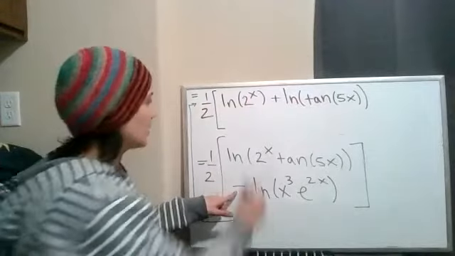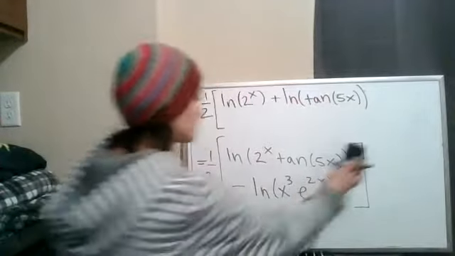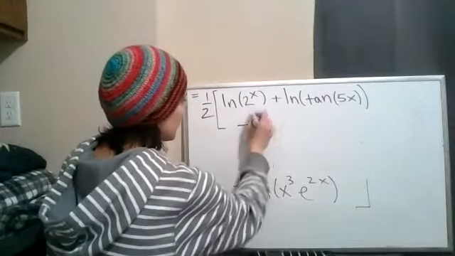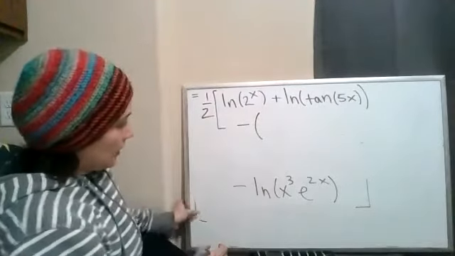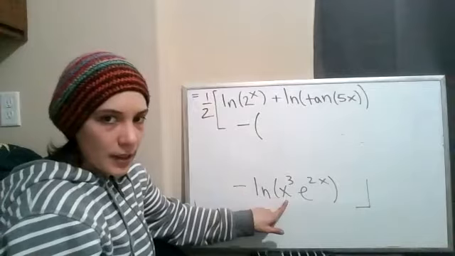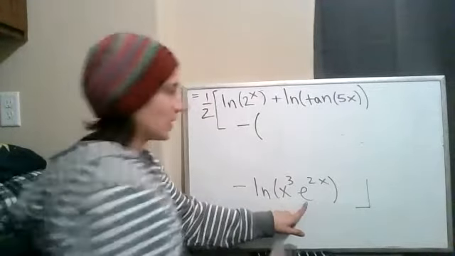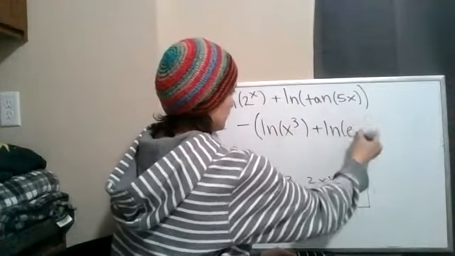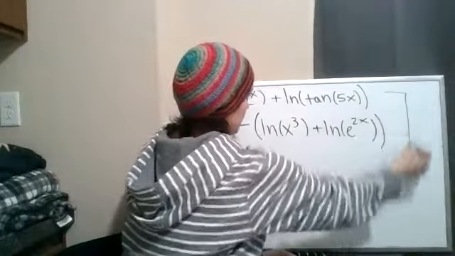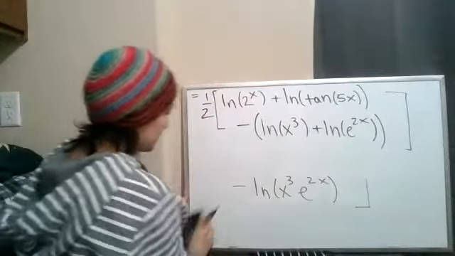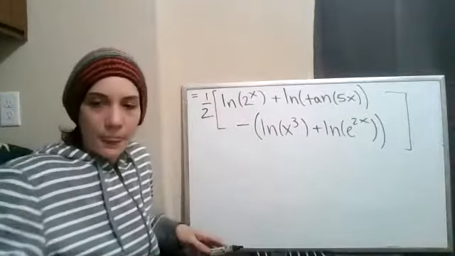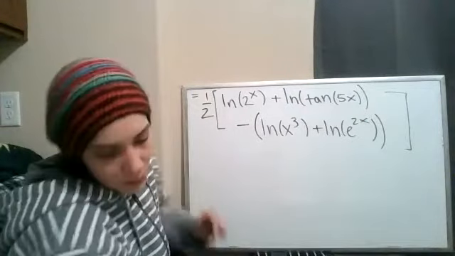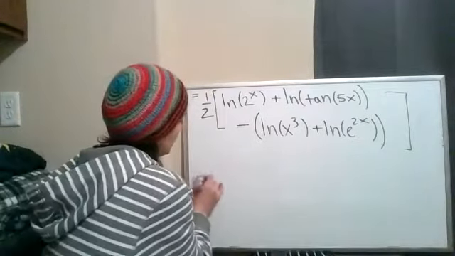Okay, subtract ln of x cubed plus ln of e to the 2x.